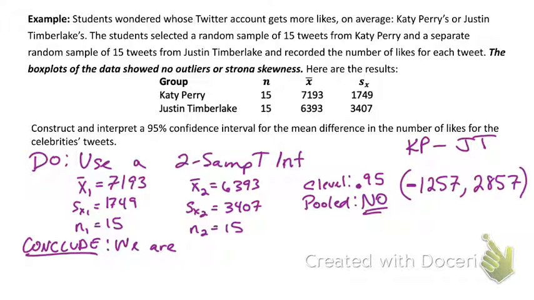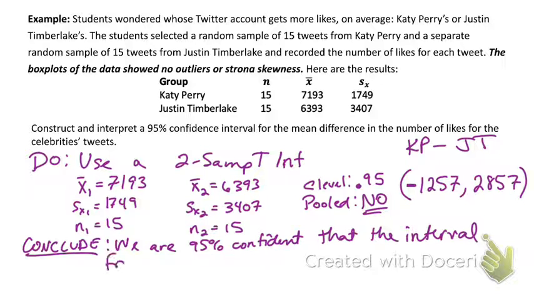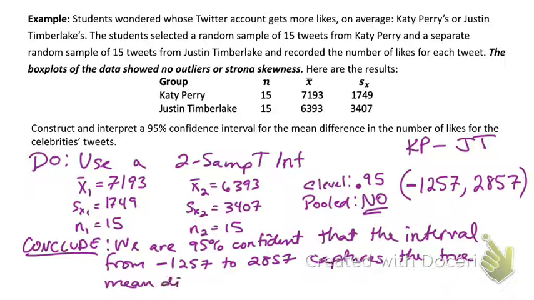We are 95% confident that the interval from negative 1257 to 2857 captures the true mean difference, Katy Perry minus Justin Timberlake.